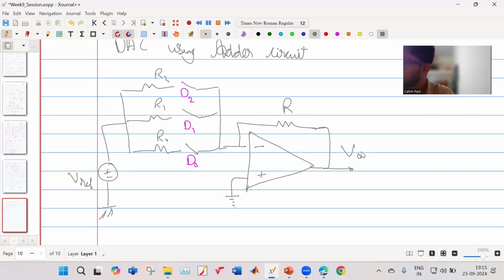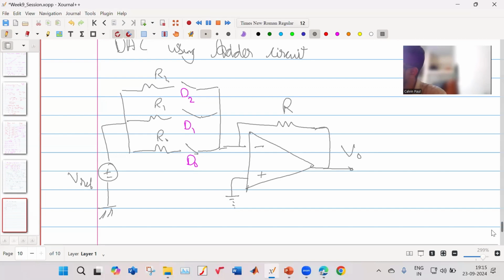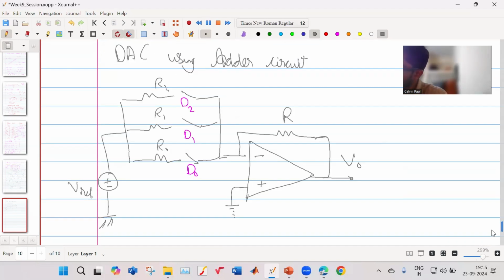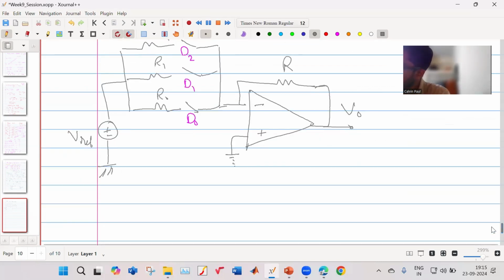So now, depending on D0, D1, D2, it gets connected or disconnected. Suppose they were all connected. Just assume that they were all connected. So, what do we have?